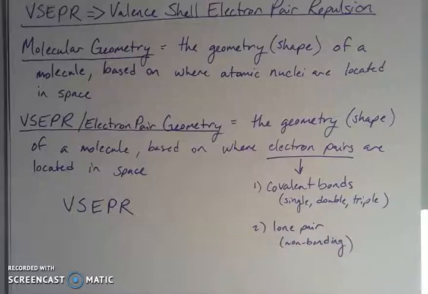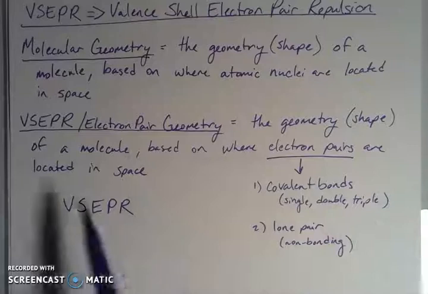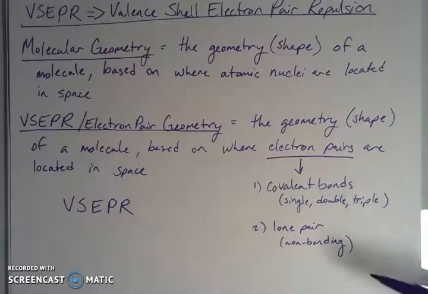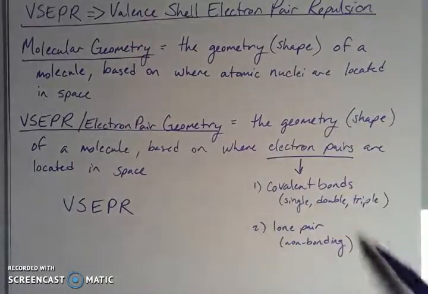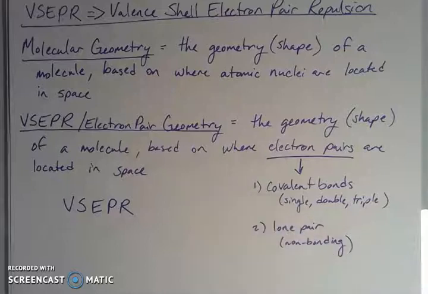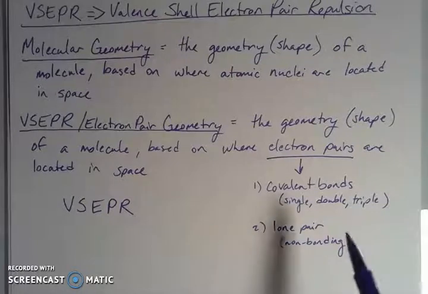Or it can be a lone pair of electrons, which is just a pair of electrons that's going to take up some amount of space. So these electron pairs in a VSEPR context can be either or. So the distinction then between molecular geometry and VSEPR geometry is that the lone pairs are factored in for the VSEPR geometry. That's the only difference, right? It's the shape, but we're factoring in these lone pairs as well as the atoms that are covalently bonded.